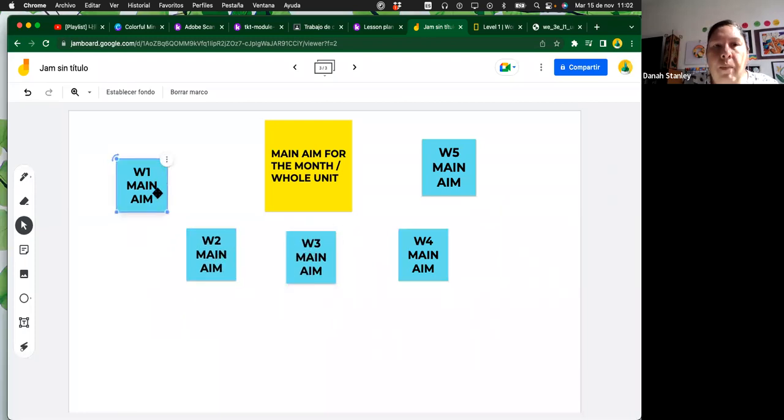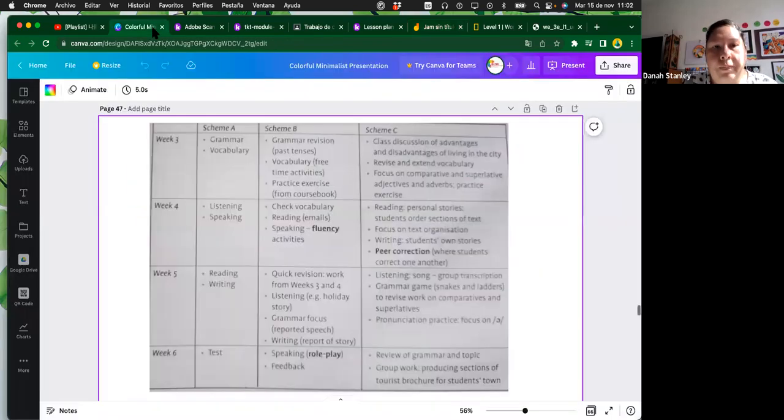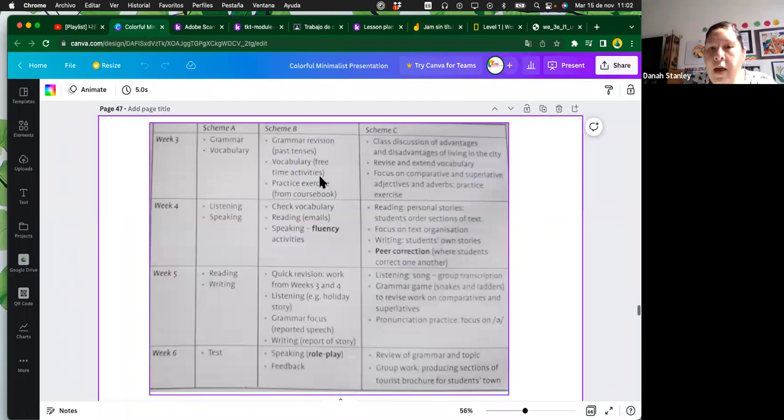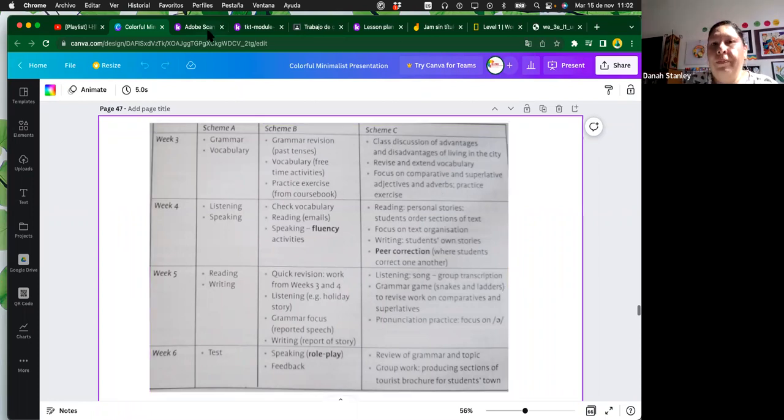In here, for example, my main aim would be, by the end of the week, students may be able to compare and contrast the place or the city where they live by using properly comparatives and superlatives and some adverbs of degree.